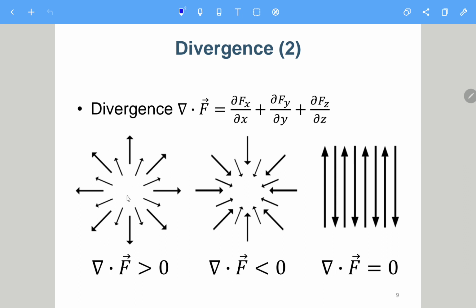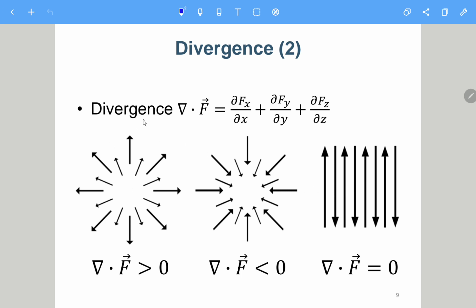If the divergence is smaller than 0, is negative, then the vector field is somehow flowing into that point. And if the divergence is 0, which means that the field is not flowing inside or outside. So flowing inside and outside will just cancel each other, or maybe it's just 0 near that region.